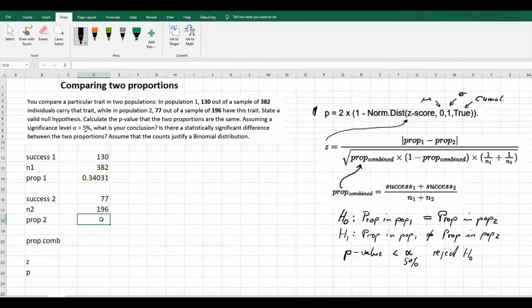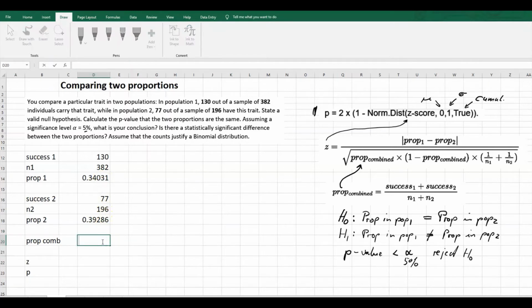And we do that for the second population. So we've got 77 divided by 196. And we've got 39%. So we see there is a clear difference between the percentages when we look at the samples. But the question really is, is there a difference when we look at the populations? In other words, is this difference that we observe just due to sampling error?